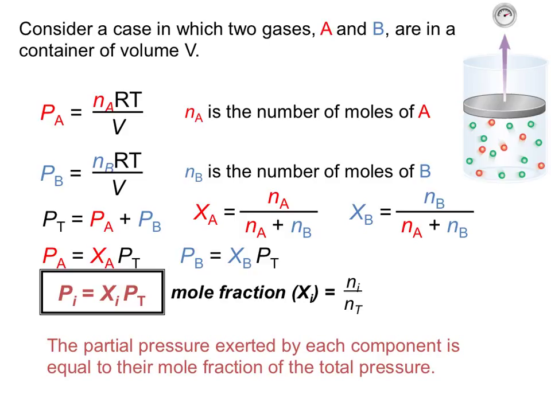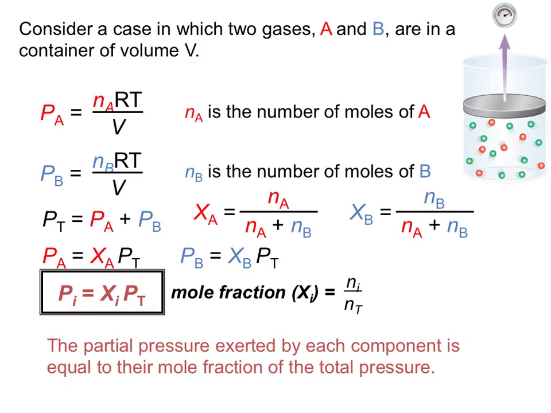Now we can use Dalton's law of partial pressures and this relationship that we see here, the pressure total equaling the partial pressure of one gas plus the partial pressure of another gas, and our understanding of the relationship of pressure to the ideal gas law to get something called the mole fraction. So the mole fraction is the number of moles of a specific gas divided by the total number of moles of the gas in the container.